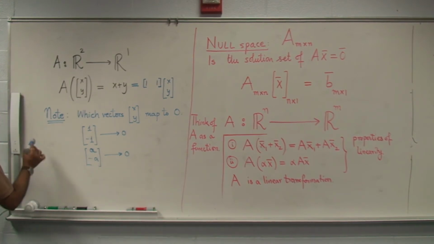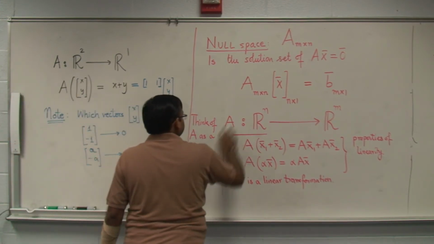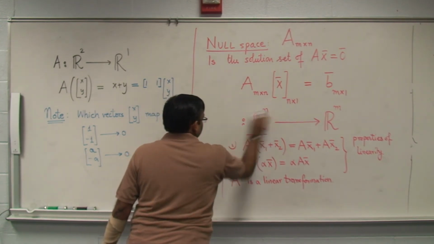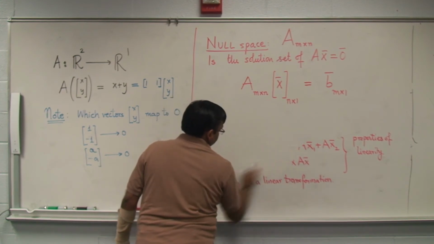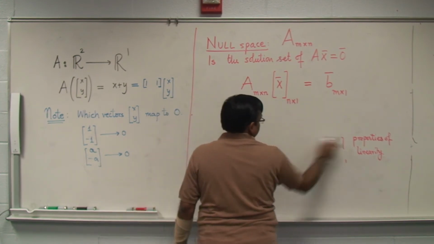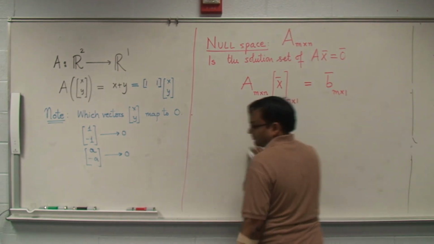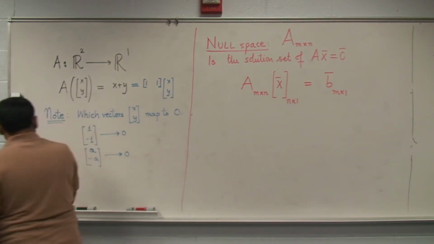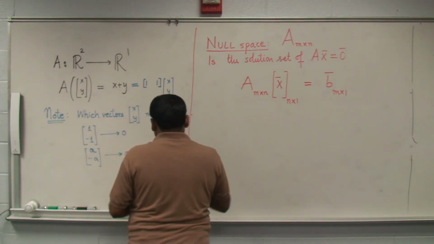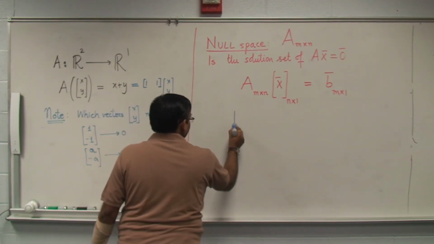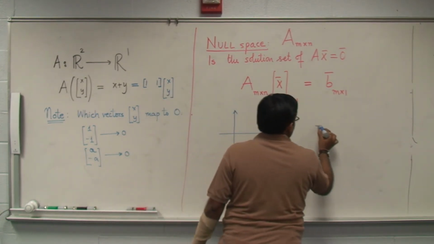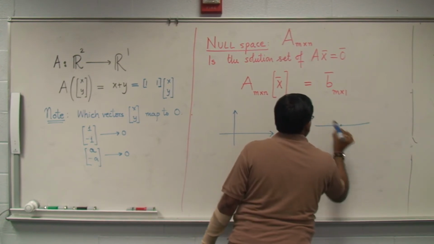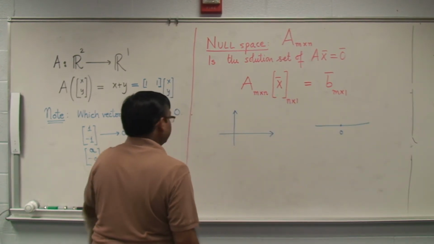So in some sense, I'll try to show you geometrically, this is something important worth noting. So in our example, I looked at a bunch of vectors which are mapping to 0.